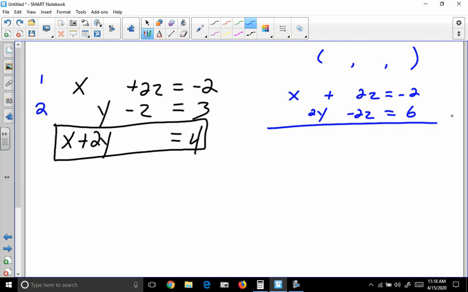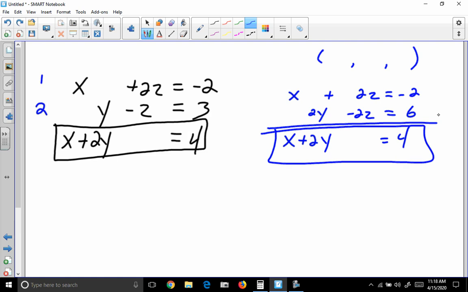So now notice when we add these equations together, our z's cancel, and we get that bottom equation, which means that for this particular system, we essentially have more than one solution.